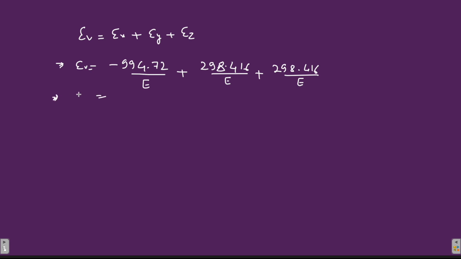This is the volumetric strain. It is minus 994.72 plus 2 into 298.416, and this comes out to be negative of 397.888 by E.